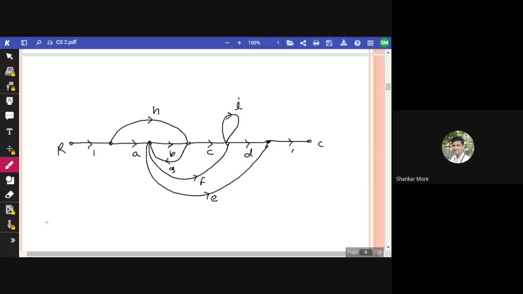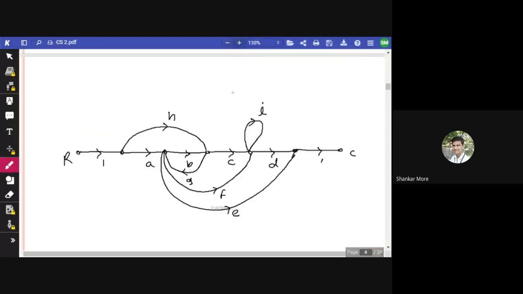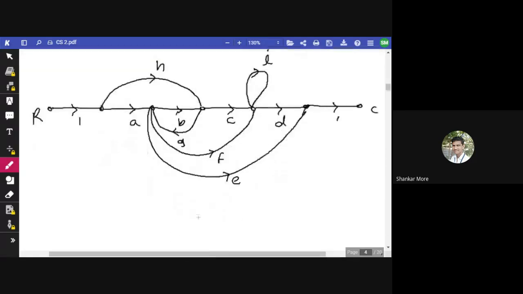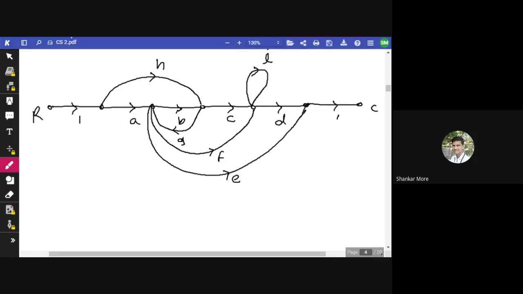So how many forward paths are there? Start typing the names of forward paths. Forward paths from R to C. First of all, ABCD is there. Very good. Now next one, HCD.